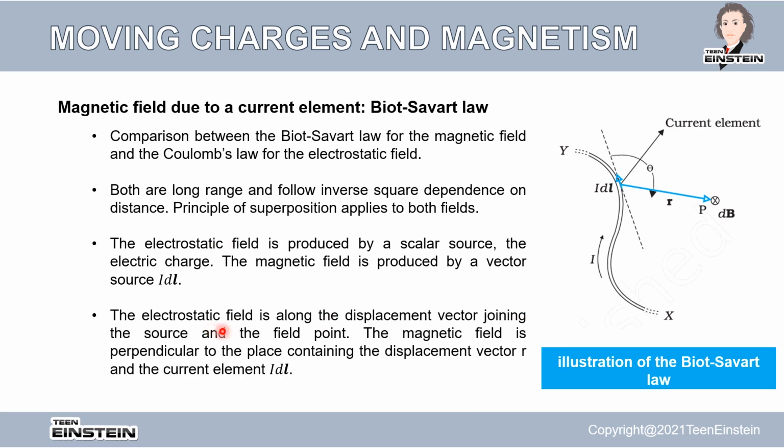Generally the electrostatic field is along the displacement vector joining the source and the field point. But the magnetic field is perpendicular to the plane containing the displacement vector and the current element. So if you consider a current element here and r here, this blue arrow represents the current element, r represents the distance vector, and the magnetic field will be perpendicular to the plane containing these two vectors because it's a vector product.